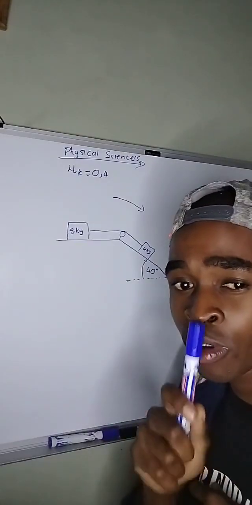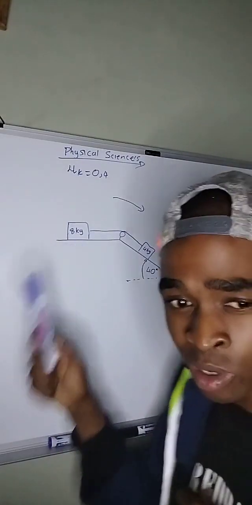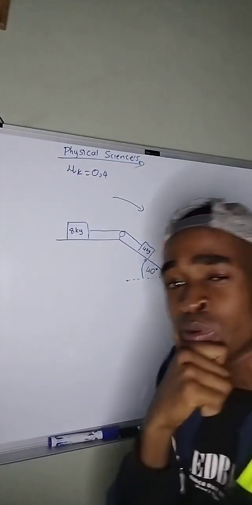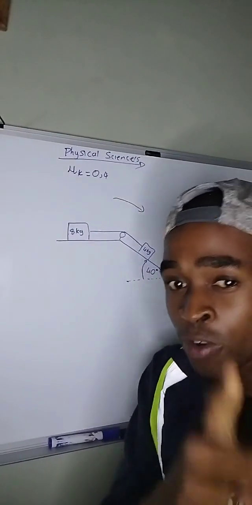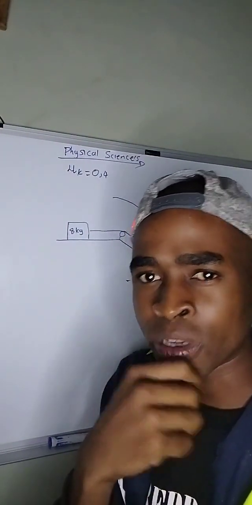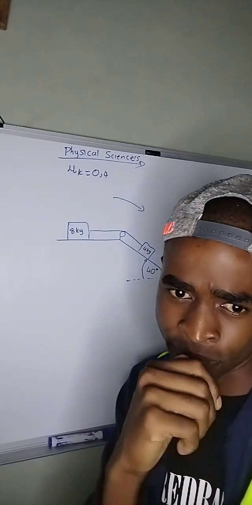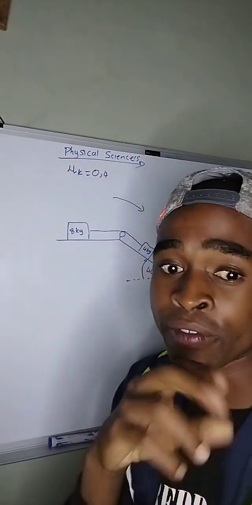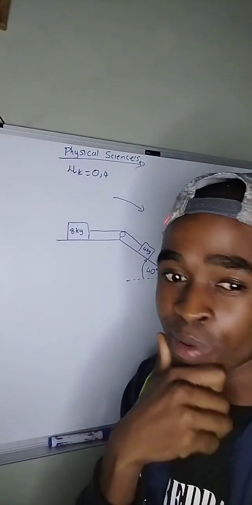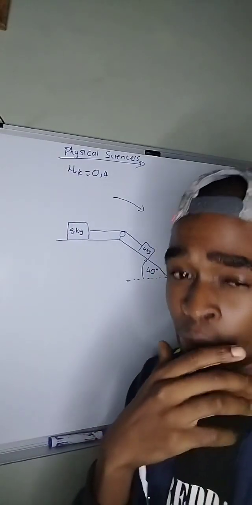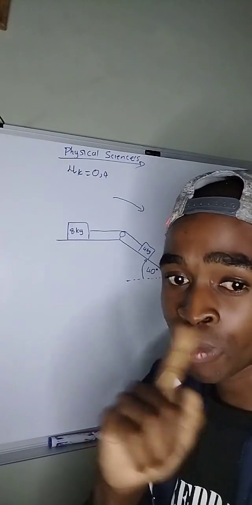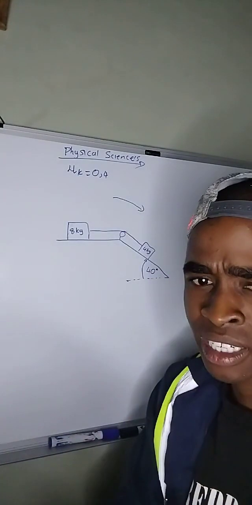If a force is a pull or push, what about the magnetic force? Do we have a pull or push on the magnetic force? Because as far as I'm concerned, we have attraction and repulsion.